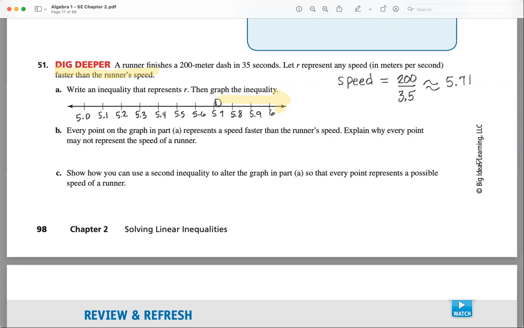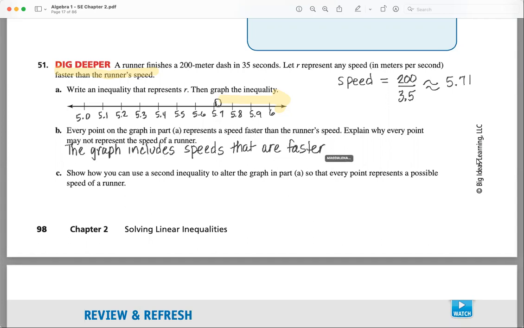Now, let's take a look at the other questions. Every point on the graph in part A represents a speed faster than the runner's speed. Explain why every point may not represent the speed a runner can run. Because the graph includes, right? Because we were told that speeds that are faster.